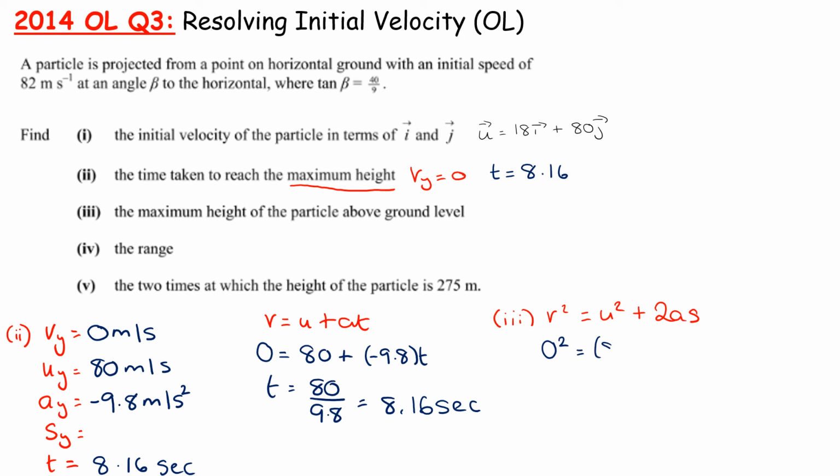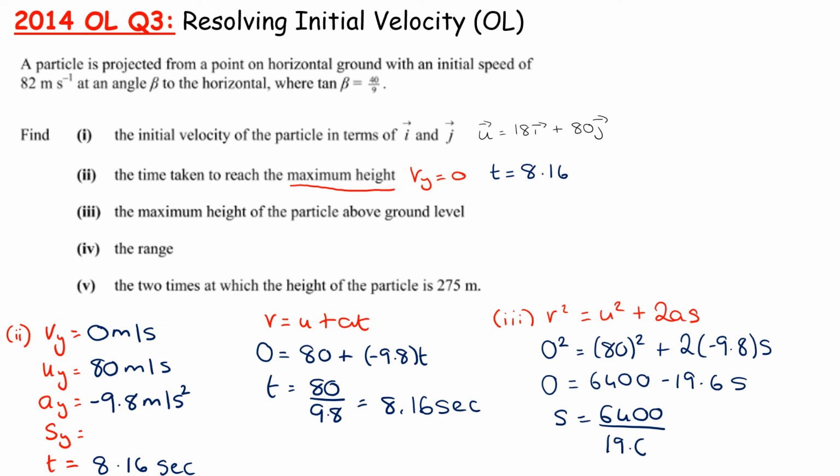So that's 0 equals 80 squared plus 2 times minus 9.8 times s. So that is 0 equals 6400 minus 19.6 s. s is equal to 6,400 divided by 19.6.